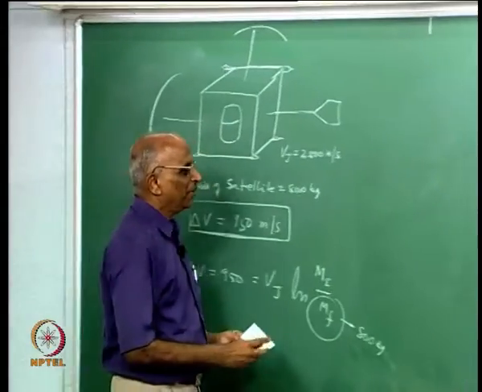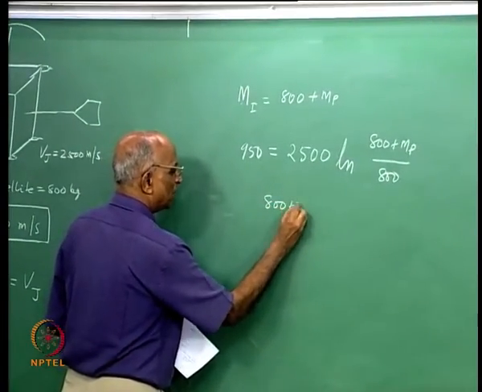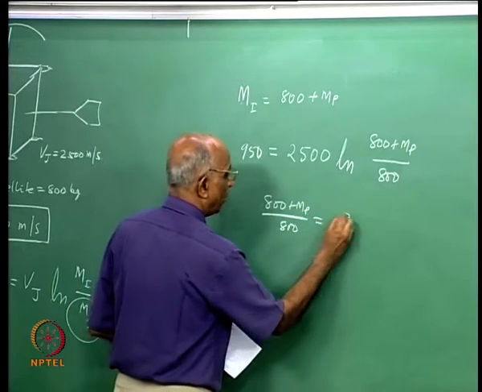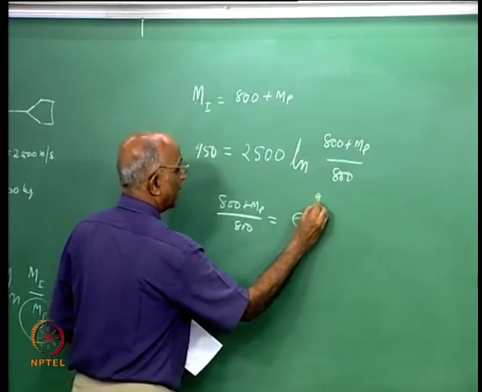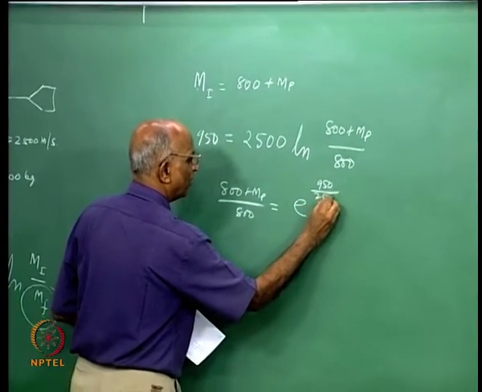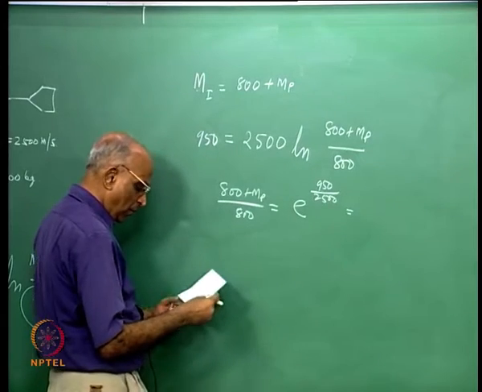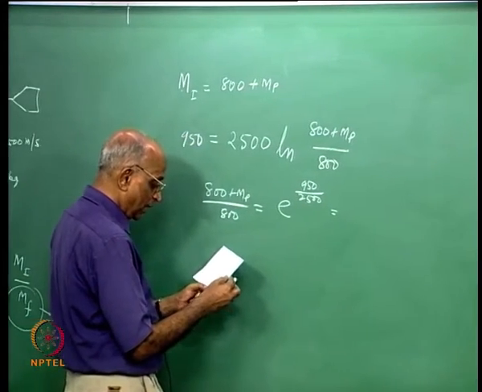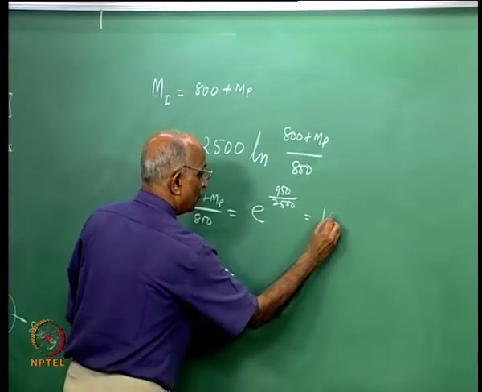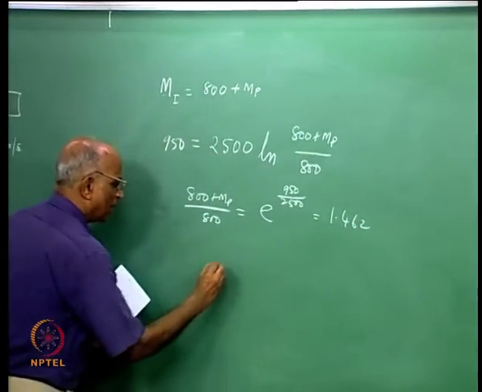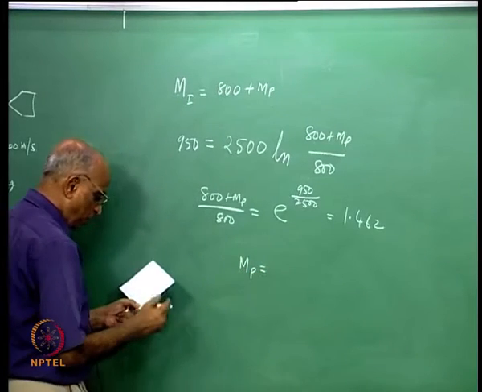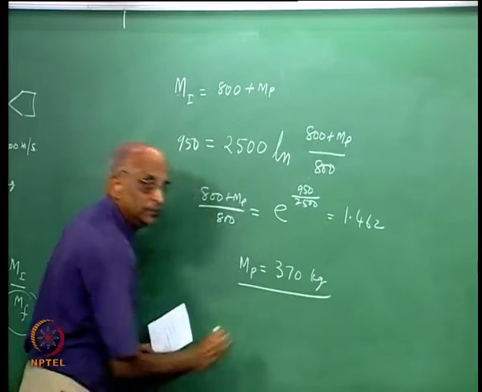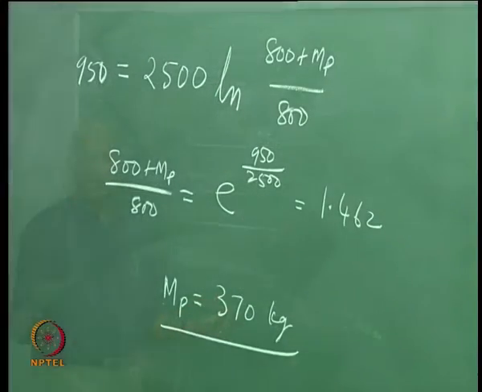Let us solve this equation. We get 800 plus MP, mass of propellant in kg, divided by 800 is equal to e to the power, I take exponential on both sides, I get 950 divided by 2500, and this gives me a value around 0.34, that is the ln value, and the other value is something like 1.462, or rather I get the value of MP, that is the propellant mass required, is equal to 370 kg, and this is how you charge a propellant in it.